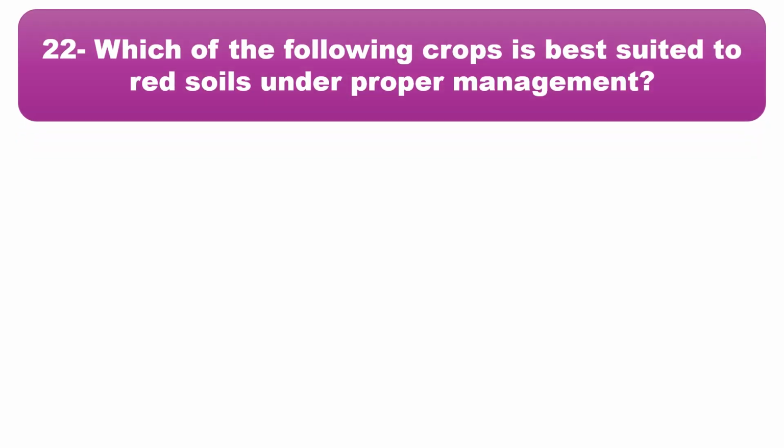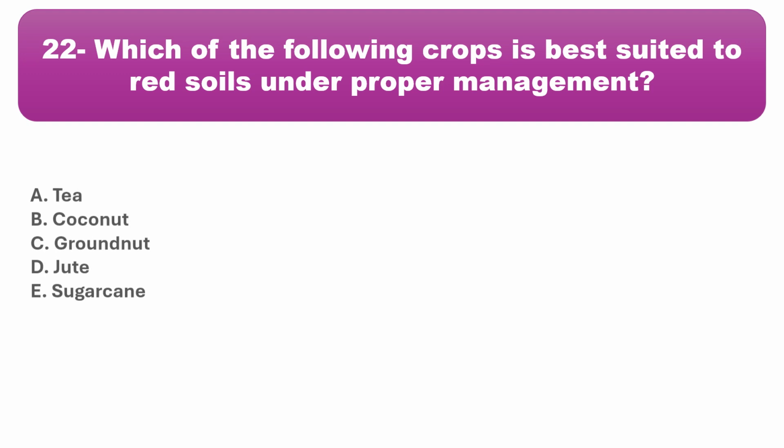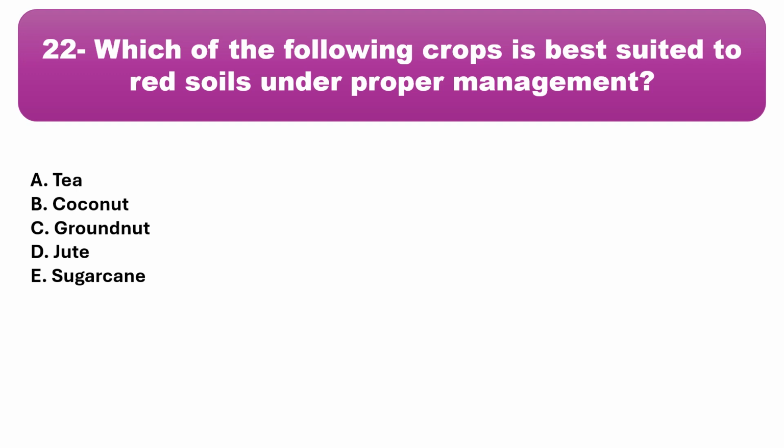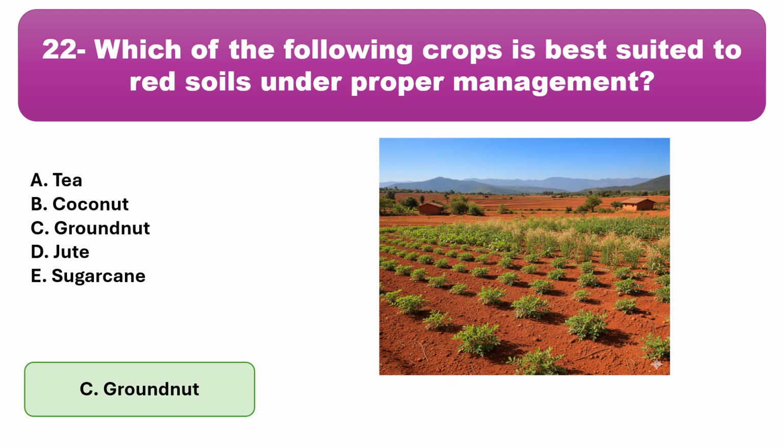Next question. Which of the following crops is best suited to red soils under proper management? The options are tea, coconut, groundnut, jute, sugarcane. The correct answer here is groundnut. So before understanding this concept, let us understand the characteristic features of red soils. See, the red soils have light texture and are porous in nature, and they are low in nitrogen, phosphorus and organic matter, and rich in iron, which gives a red color to the soil.